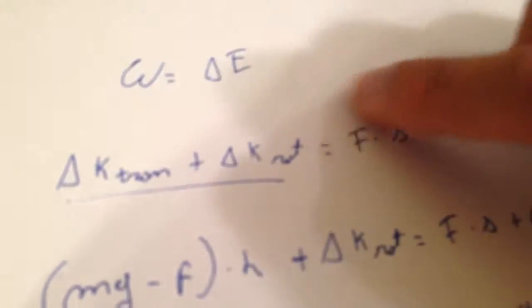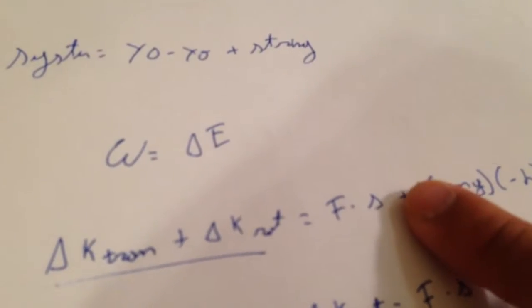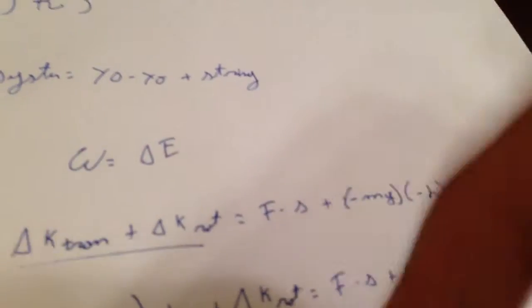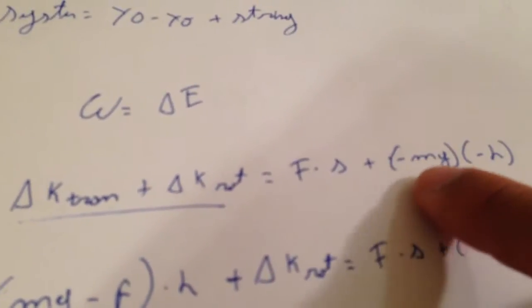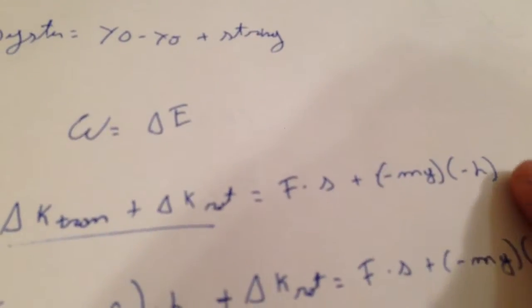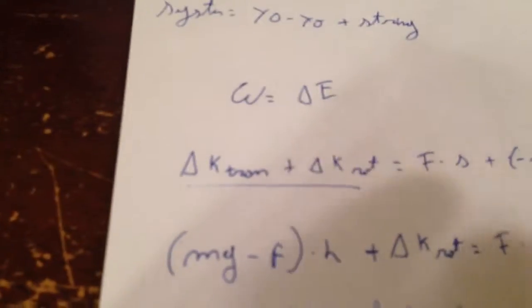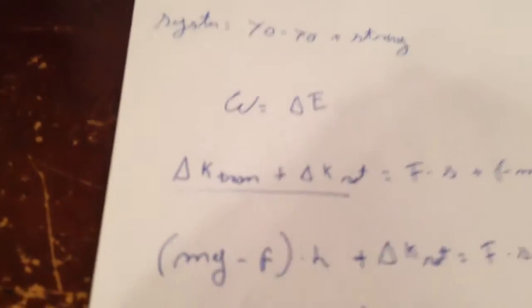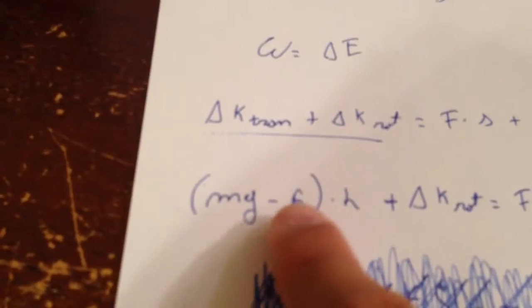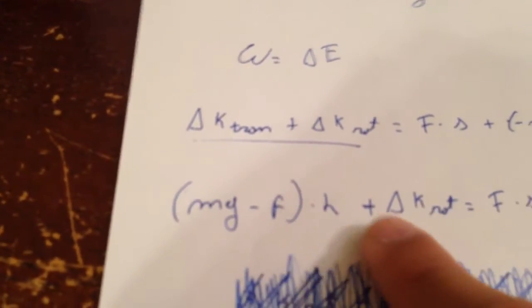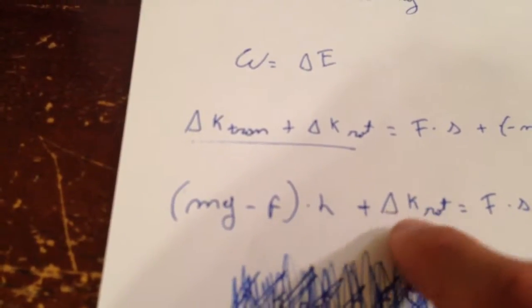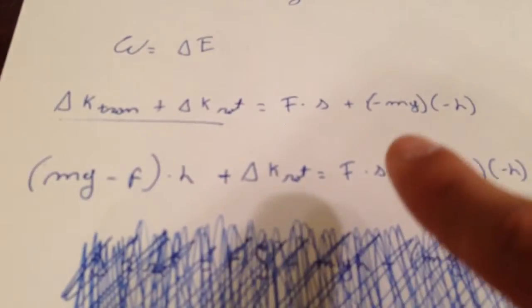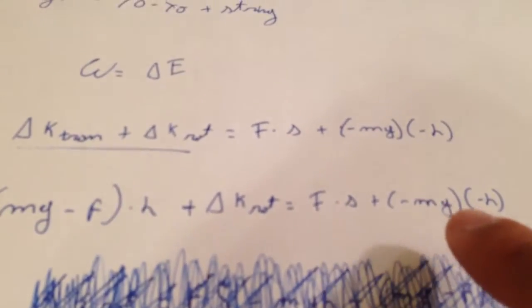And so Fs, the force that I'm applying with my hand, plus the force that I'm applying downwards, that will be mg, g for Earth, times minus h, the h of the yo-yo, how much it's traveling. So I know my K trans from part A, so I know that K trans is (mg minus F) times h, plus the K rot equals Fs plus a negative mgh.